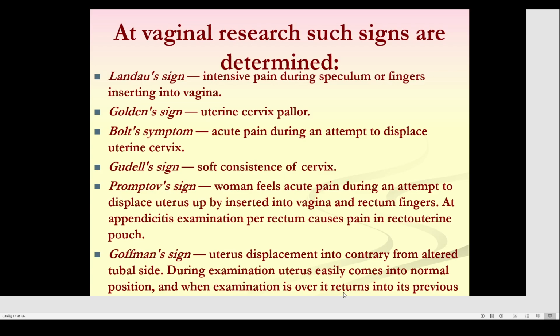Promptov's sign, the woman feels acute pain during an attempt to displace the uterus up by fingers inserted into the vagina and rectum. I explained it before. In appendicitis, examination per rectum causes pain in the retrouterine pouch.